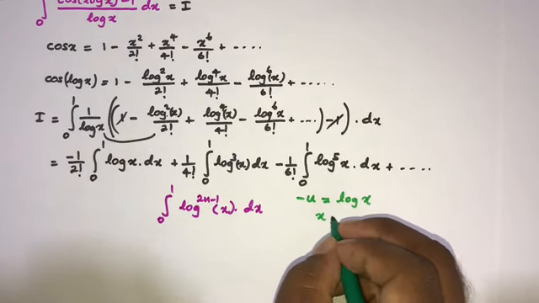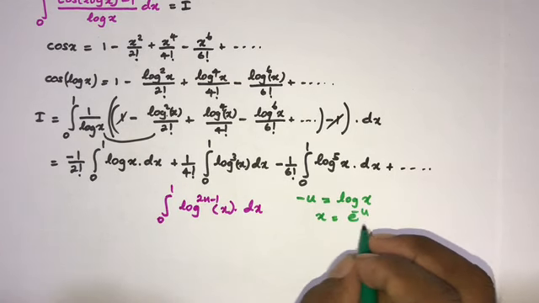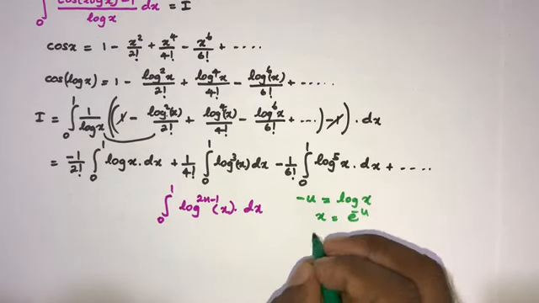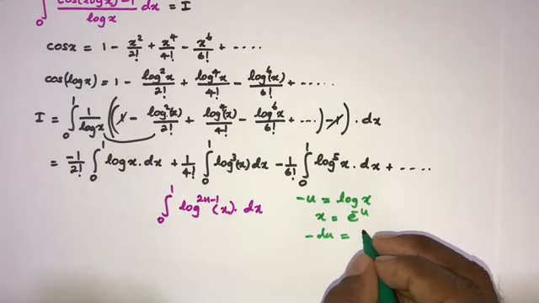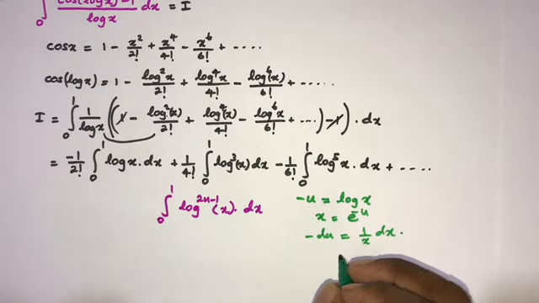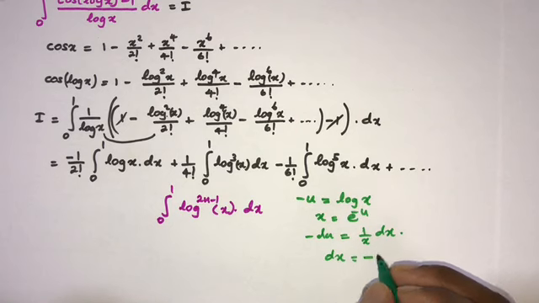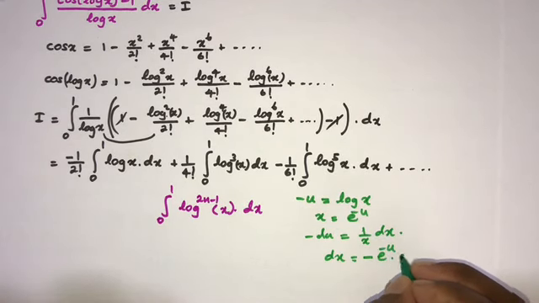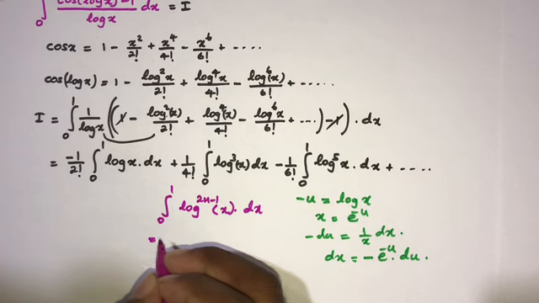Then x is equal to e to the minus u, and if we differentiate, minus du is equal to 1 over x dx. Then we can isolate dx: dx is equal to minus x du, which is minus e to the minus u du. Then we can plug in here.